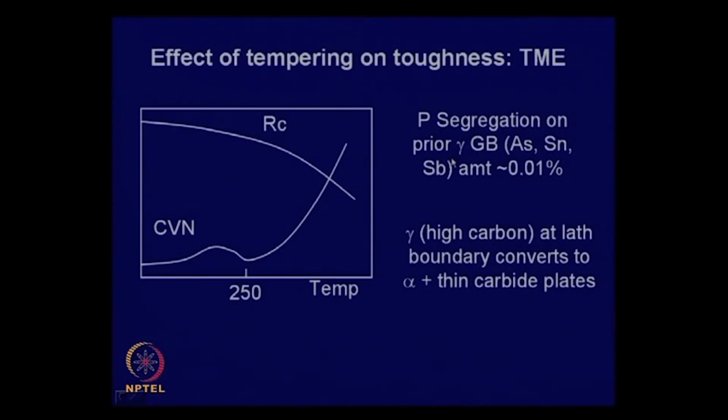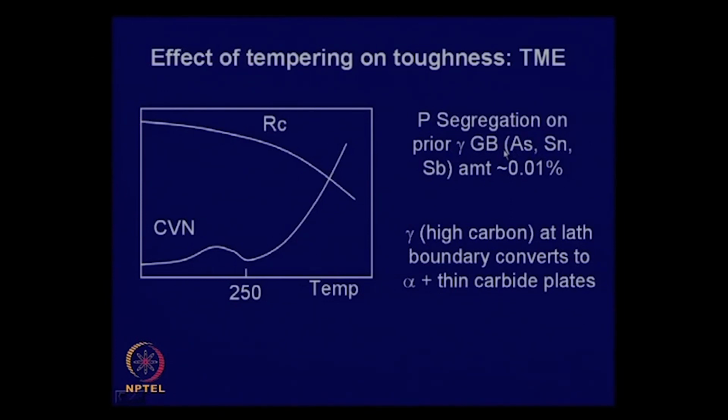these, and they segregate to the prior austenite grain boundary, and some of the other segregating elements, these are not added intentionally, they come by chance, and their amount is extremely small in the total alloy, but when they segregate, the grain boundary concentration becomes extremely high, and people have determined these by Auger electron microscopy, and the amount becomes substantial.